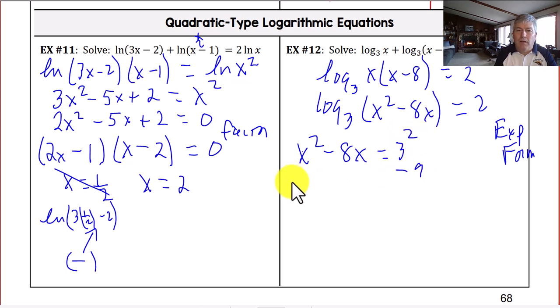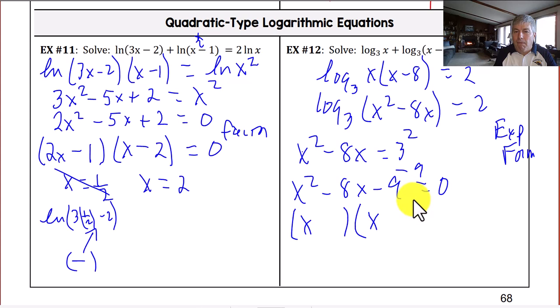So I subtract 9 from both sides. X squared minus 8x minus 9 equals 0. And I'm going to go ahead and factor. I need factors of negative 9 that add up to negative 8. Negative 9 and positive 1. So x equals negative 1 and x equals 9.